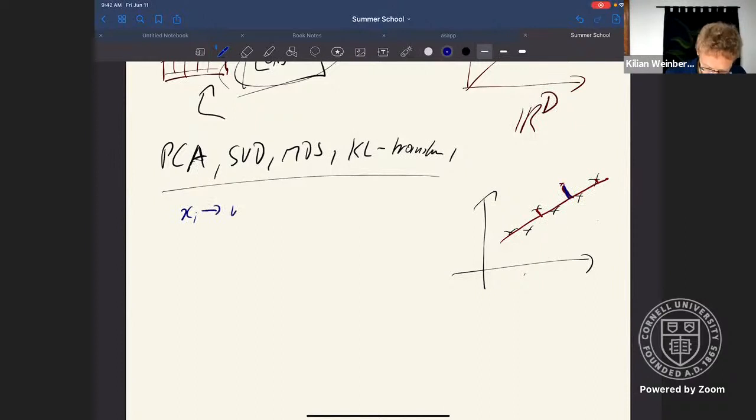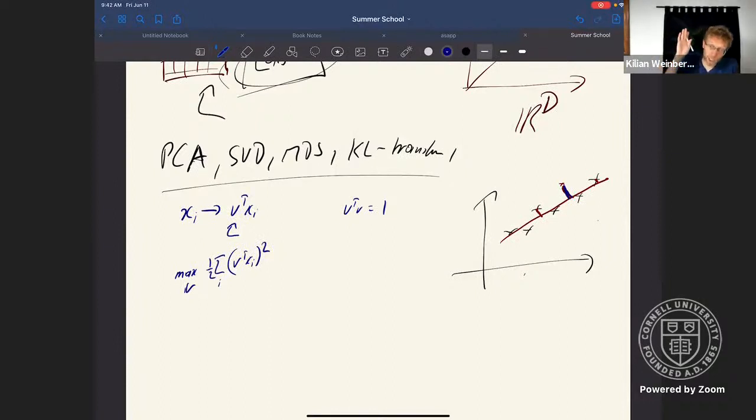Xi goes to V transpose Xi. V here is my projection onto some direction. It is just a direction, so I can say V transpose V equals 1. And what I want to do is maximize the sum of V transpose Xi squared.